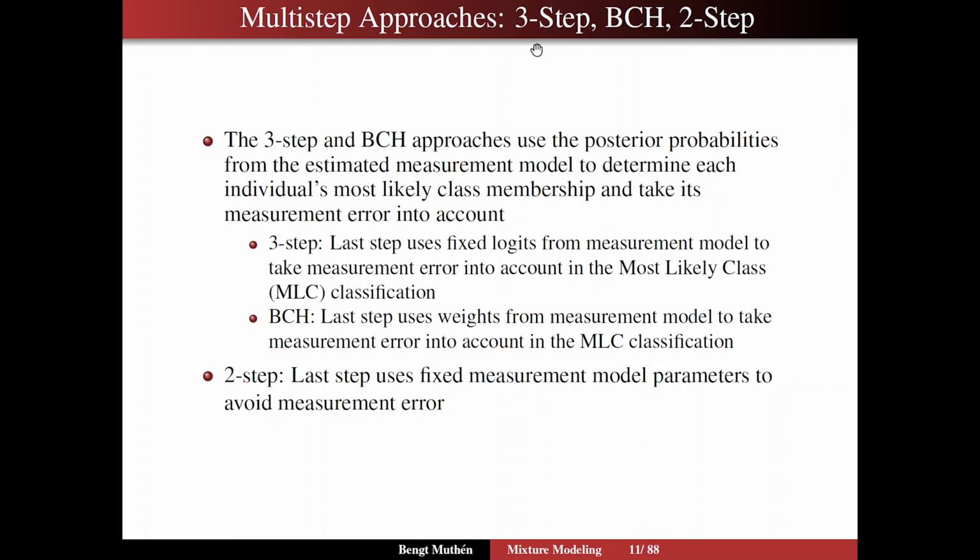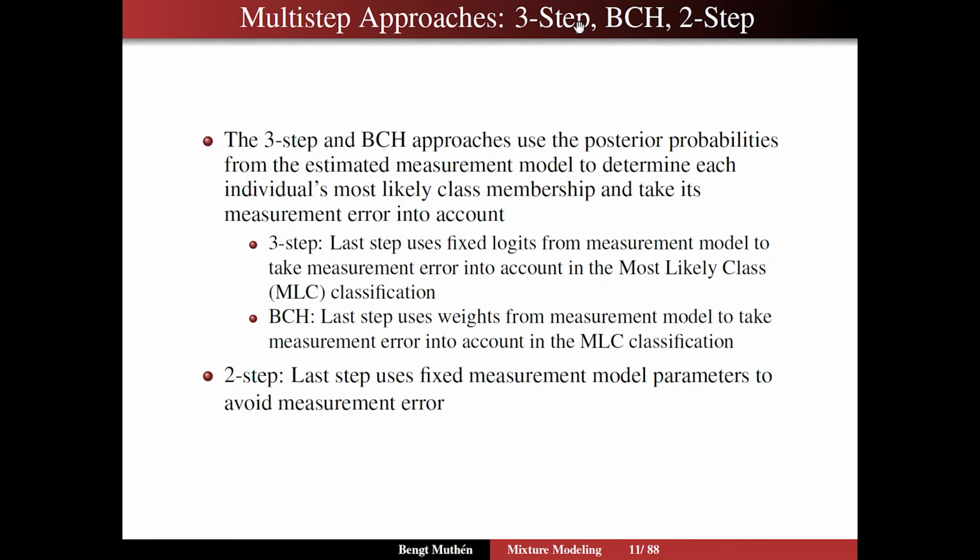Now we're going to talk about three approaches: 3-step, BCH, and 2-step. And for 3-step, we're talking about what's sometimes referred to as maximum likelihood 3-step. BCH in some literature is also referred to as 3-step, but we think of that simply as BCH.